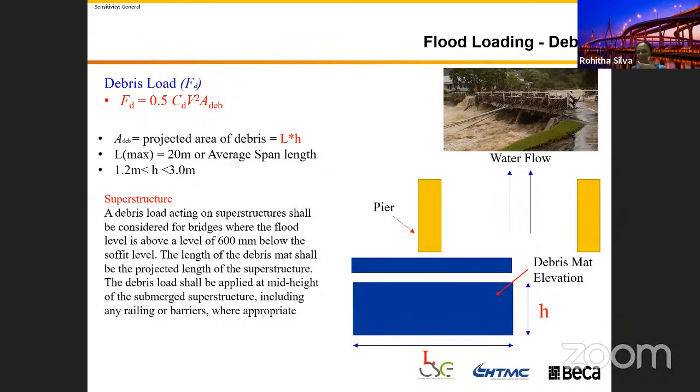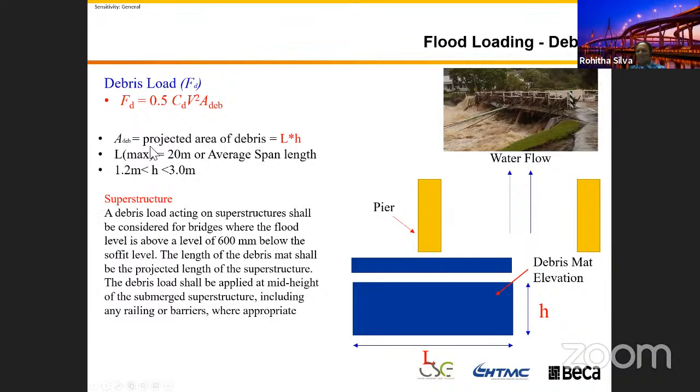For that pressure, the velocity is exactly the same as what we get for the ULS and SLS, one in 2000 year ARI and one in 100 year ARI. So the important thing is the area of the debris mat we are going to calculate here. For the area, they calculate the length and the depth.